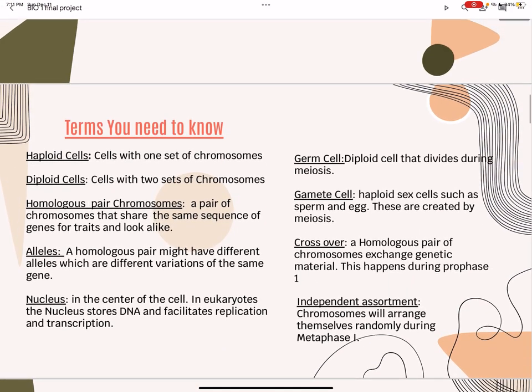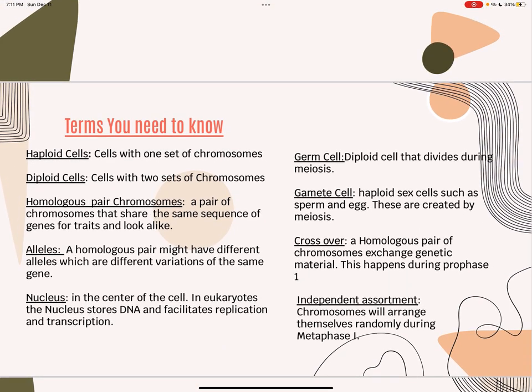Crossing over is when a homologous pair of chromosomes exchange genetic material, and this happens during prophase 1. Independent assortment is when chromosomes arrange themselves randomly during metaphase 1.